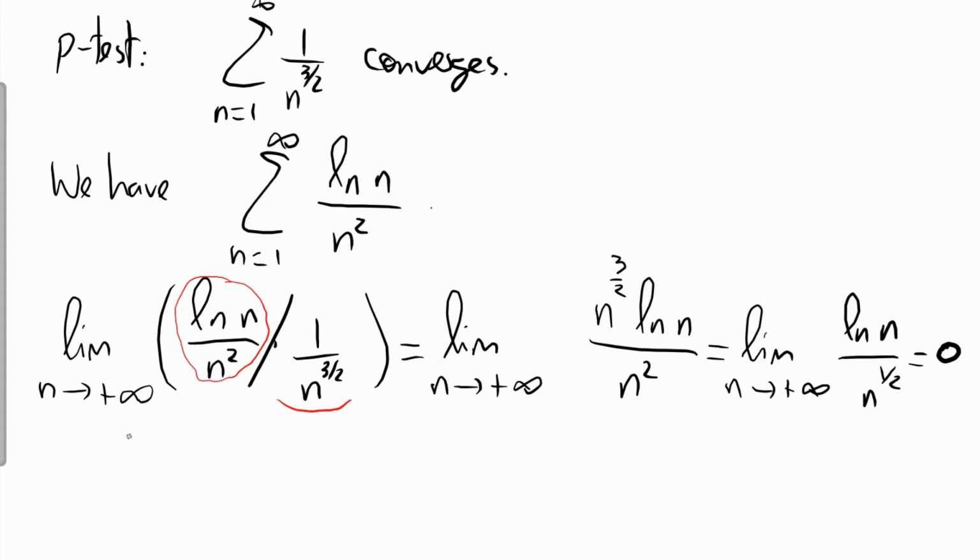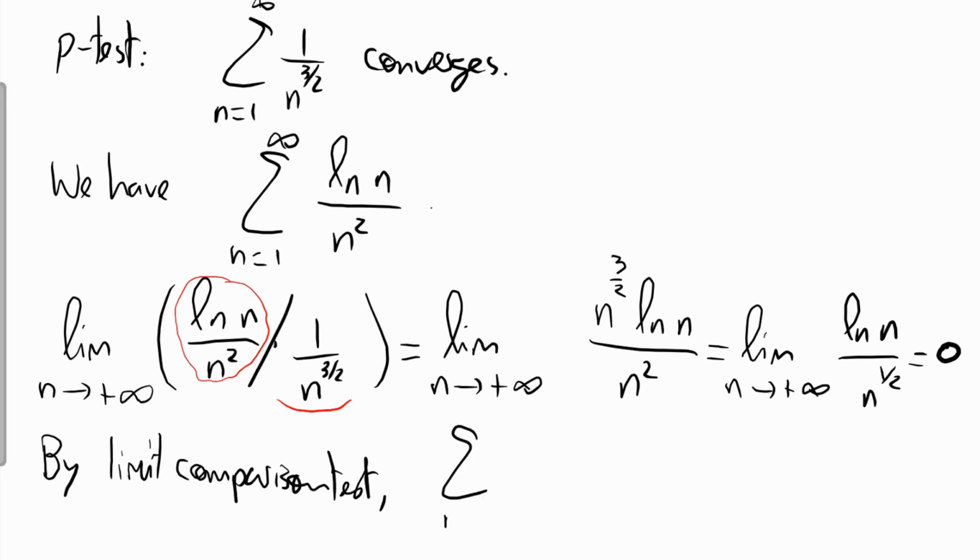And that's good. By the second form of the limit comparison test, we now have that the series from n equals 1 to infinity of natural log of n over n squared converges, by limit comparison combined with the p-test.